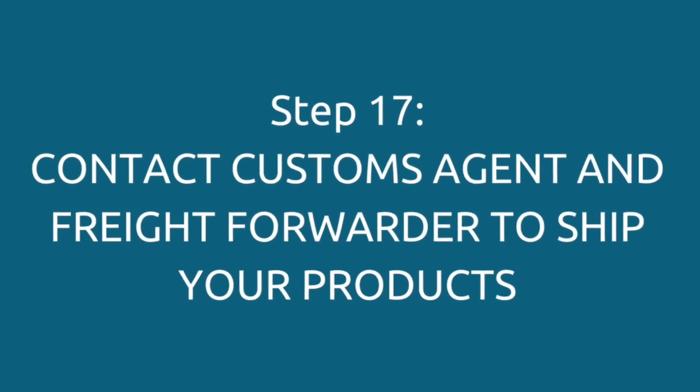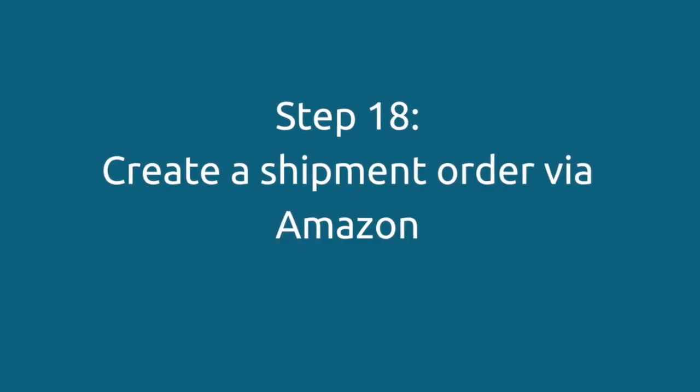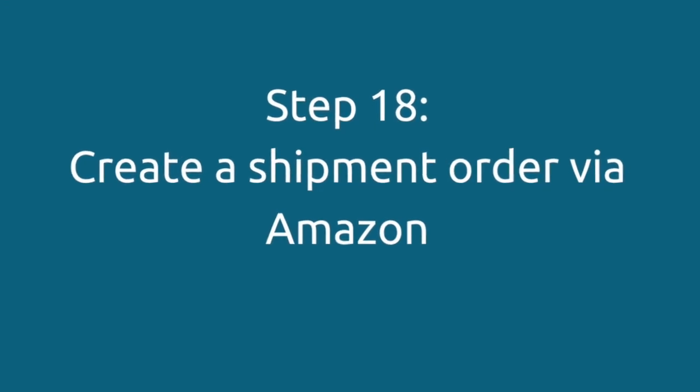Step 17, you have to find an independent quality control company that can check your shipment before it leaves the manufacturer. Step number 18, create a shipment order via Amazon so you can get the address of the FBA warehouse and send it to your supplier.